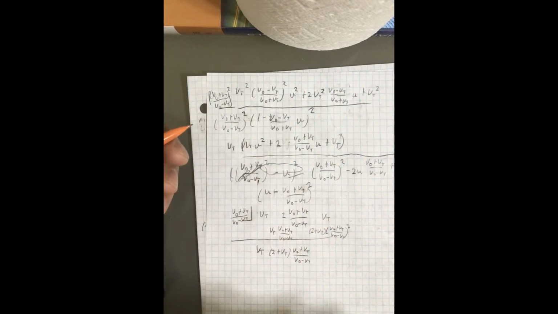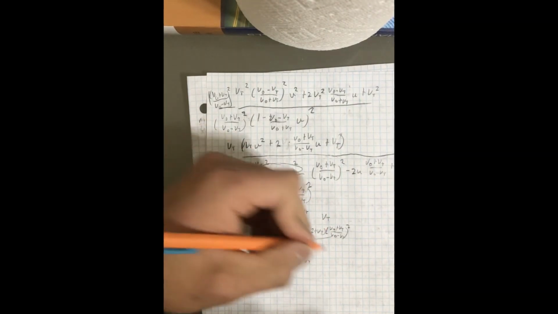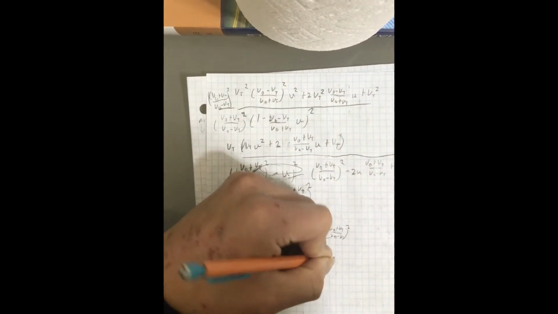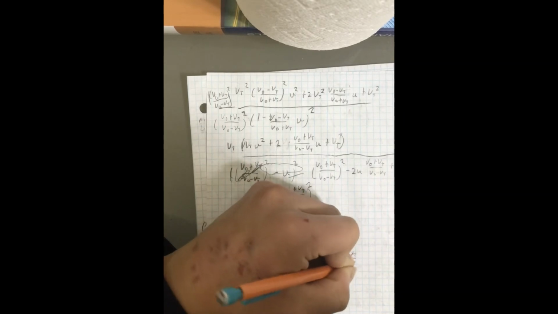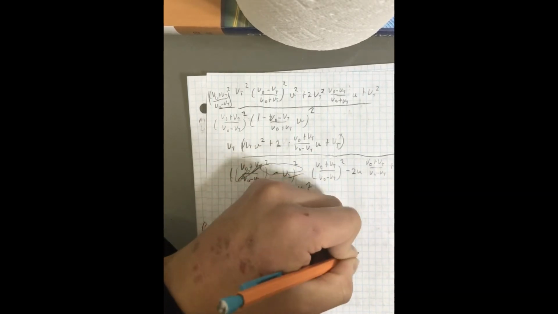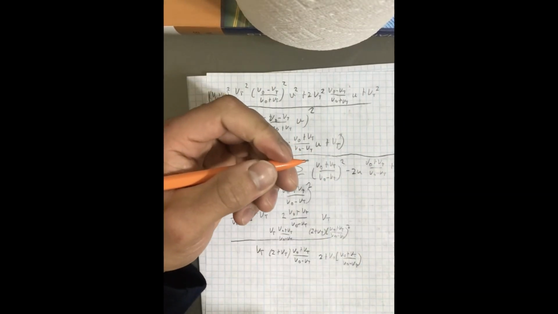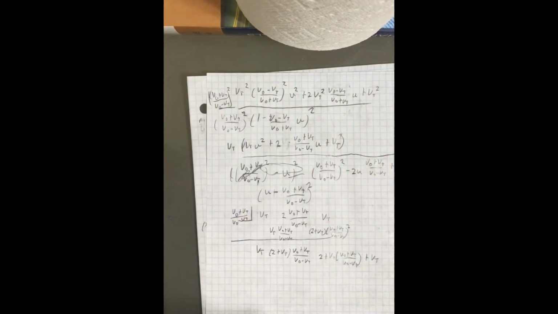And add that, and you get (2 plus Vt)(V naught plus Vt over V naught minus Vt) plus Vt.